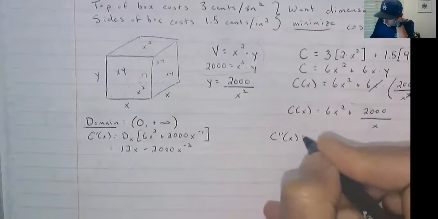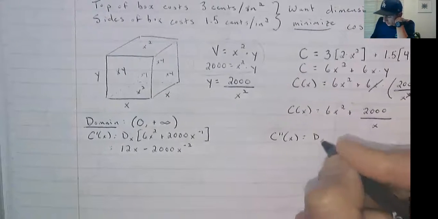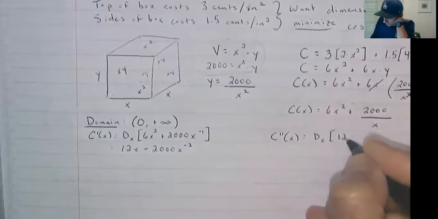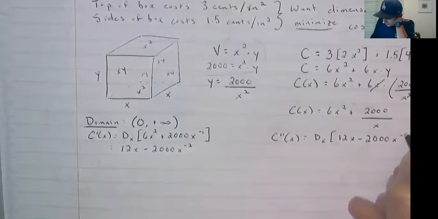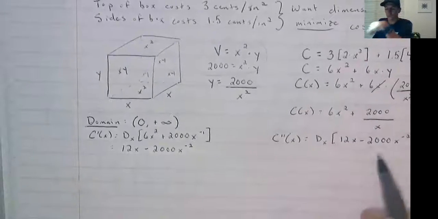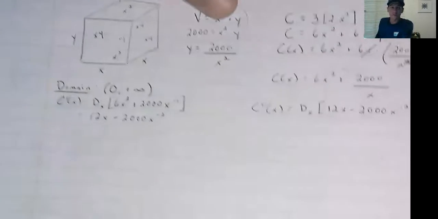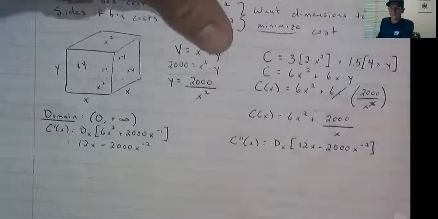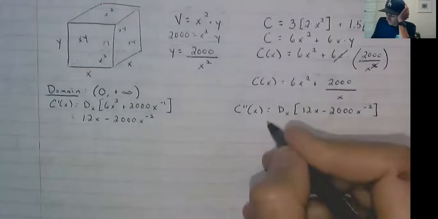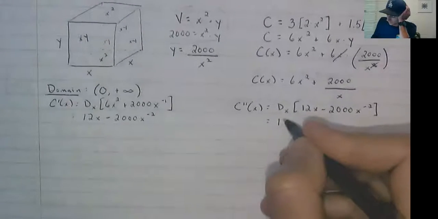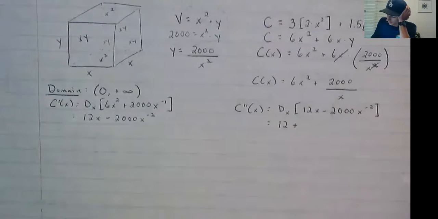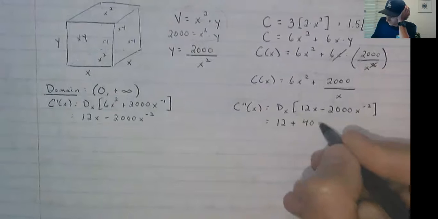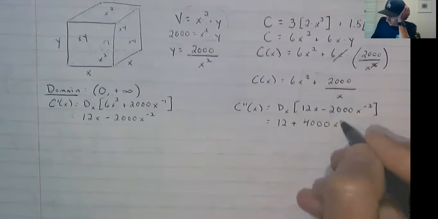C double prime of x is equal to the derivative with respect to x of 12x minus 20,000 times x to the negative second. So the second derivative is the derivative of the first derivative, which is equal to 12 plus 40,000 x to the negative third.